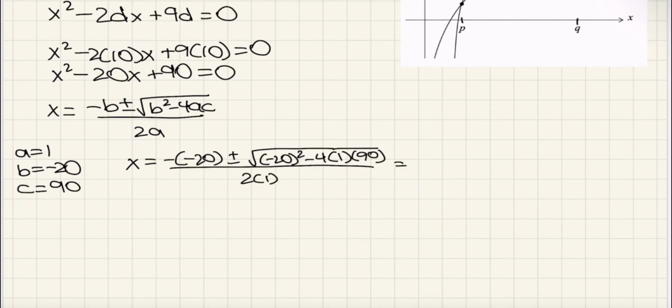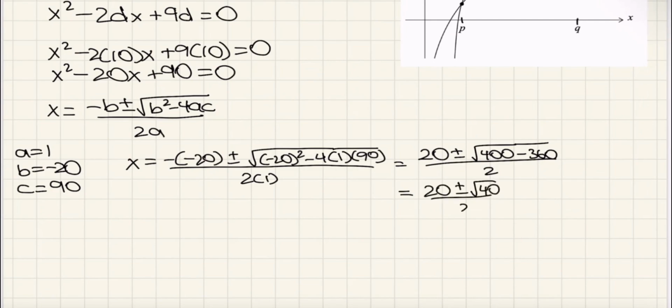And that is equal to 20 plus or minus the square root of 400 minus 90 times 4, which would be 360, all over 2. So that's going to be 20 plus or minus the square root of 40 over 2. And so now let's split it into two groups.